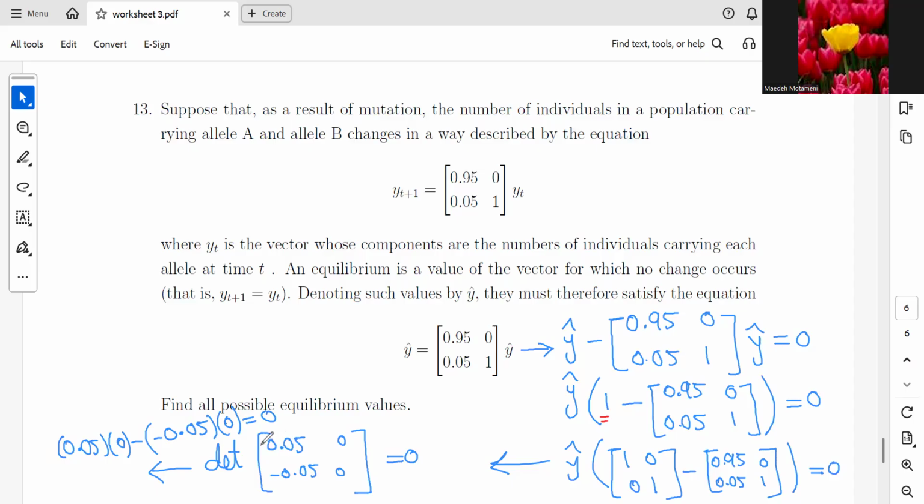So therefore, this homogeneous system, because when we have 0, we call it homogeneous system, has infinitely many non-trivial solutions which must satisfy the equation. And the equilibrium that we have would be 0 and a number like k, where k is a real number.